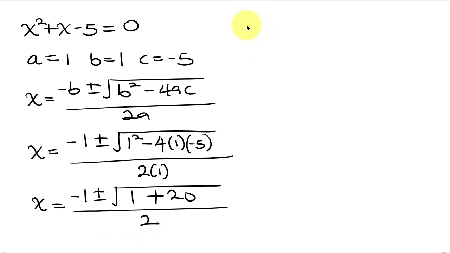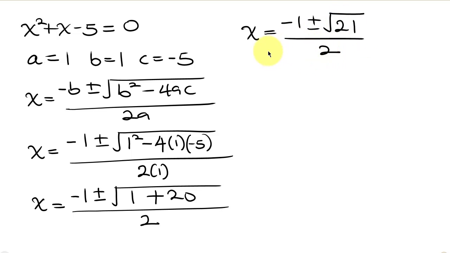So simplifying further, x will be equal to negative 1 plus or minus the square root of 1 plus 20 is 21, all over 2. Very good. So we've got two values of x here. We've got negative 1 plus the square root of 21 all over 2, or negative 1 minus the square root of 21 all over 2.